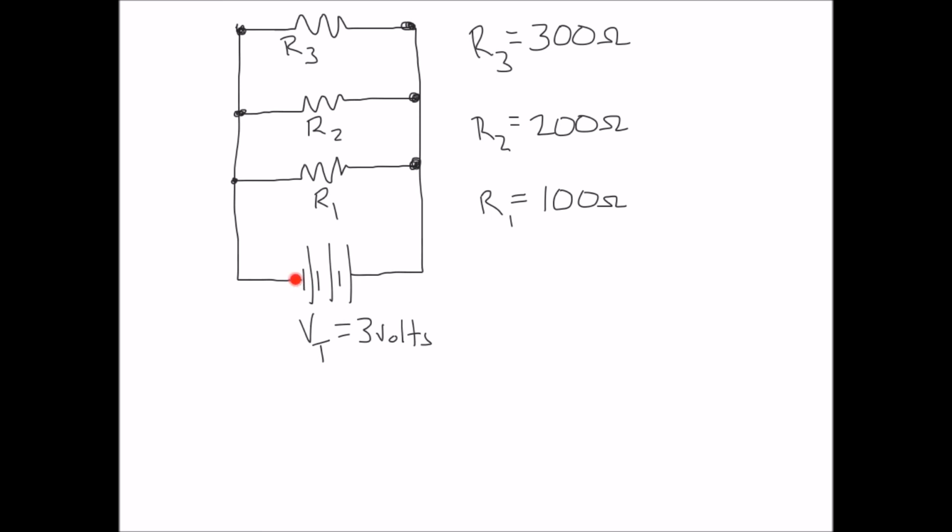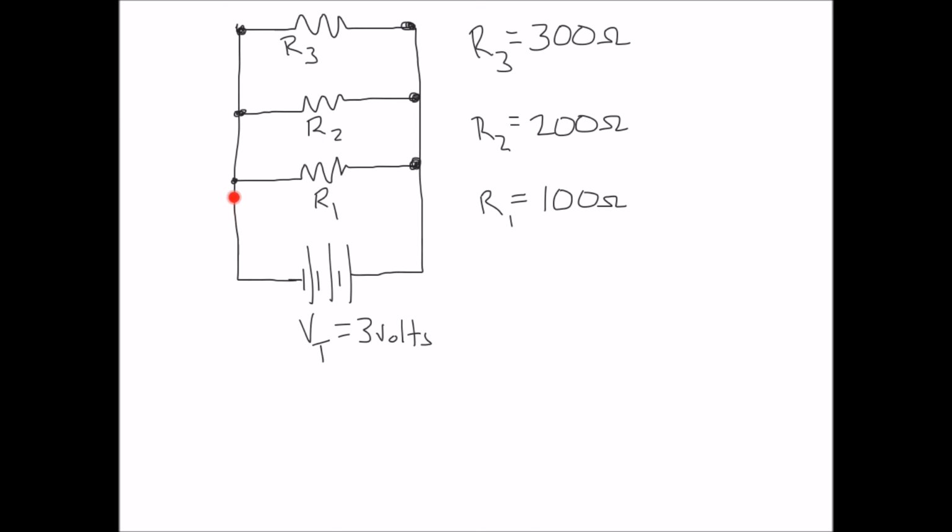So again, what we have here is Kirchhoff's current law. Current comes out of this negative terminal and comes up to this junction. Some of the current goes down this path, but some of it also goes down this path. Basically, what Kirchhoff's law says is that whatever comes into this junction is going to equal the sum that comes out of these two.